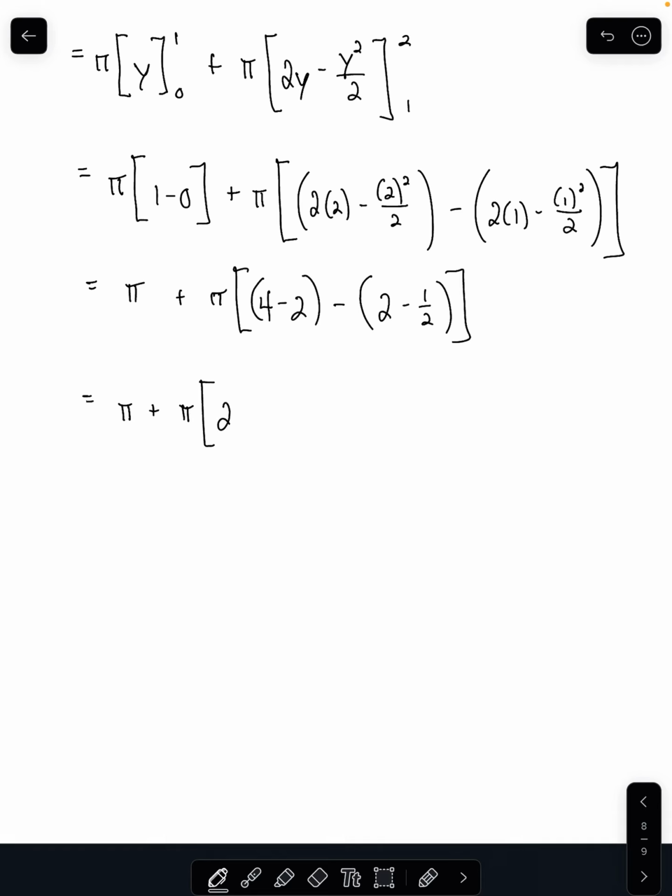This would give us 2 minus 3/2, which is simply 1/2. Giving us a total of 3 pi over 2.